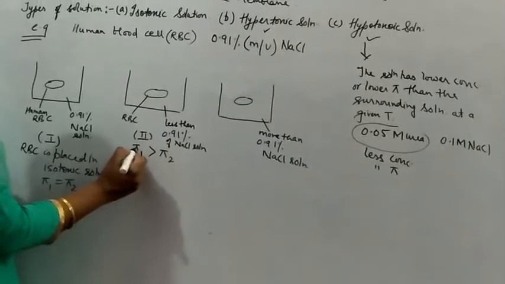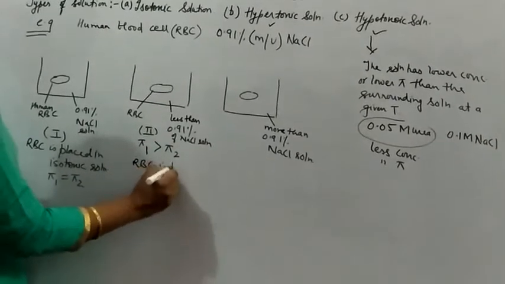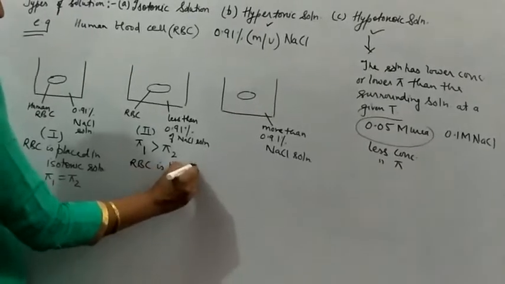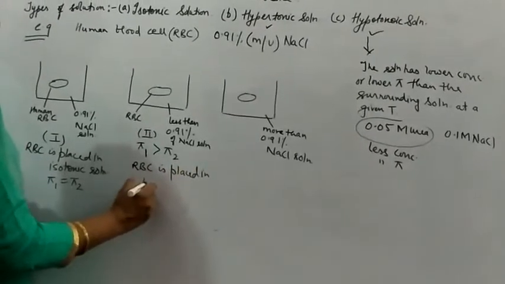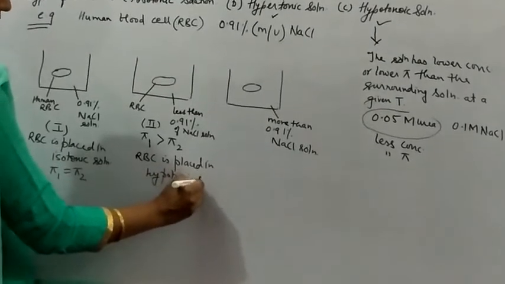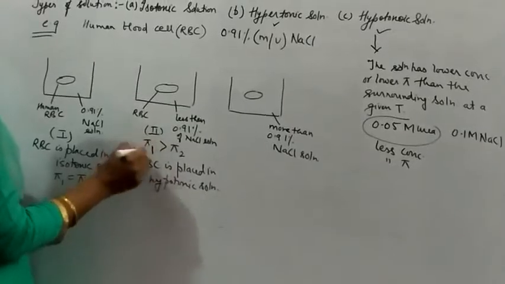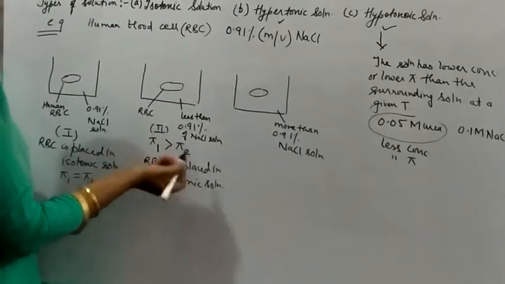So we will say that the RBC is placed in hypotonic solution, right? Because here pi 1 is greater than pi 2.